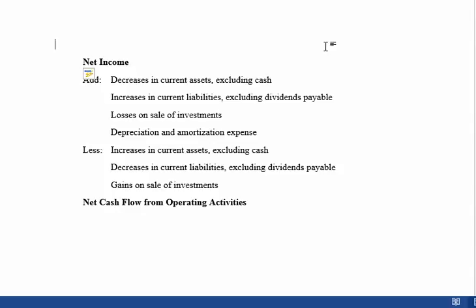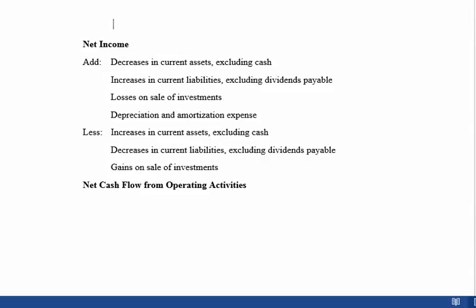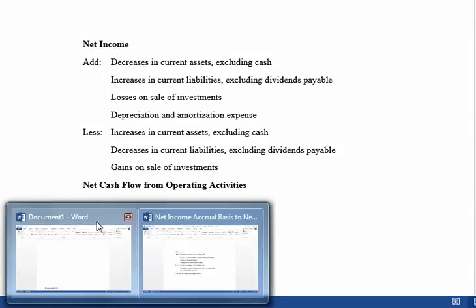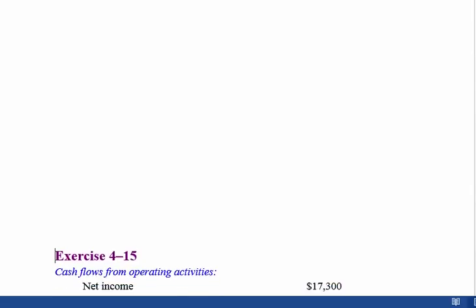Clean that up a little bit. Okay, so let's go back over here. Our starting point would be net income, and they tell us net income is $17,300. We'd first put cash flows from operating activities, and then we'd list net income, $17,300.